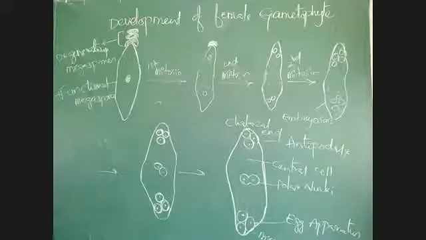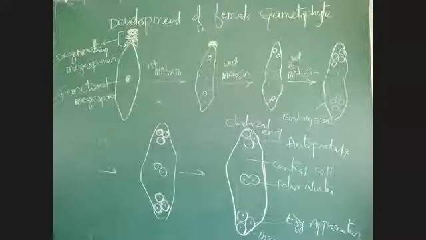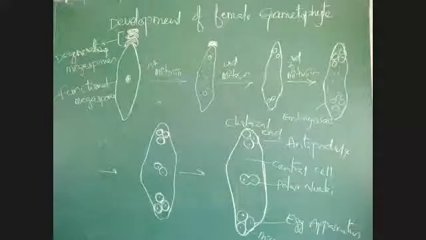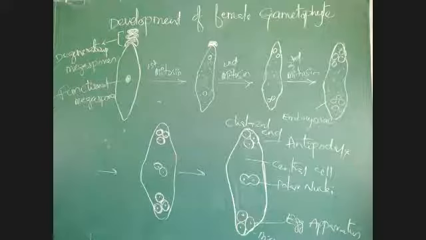Next point. The functional megaspore nucleus divides mitotically to form two nuclei which move to the opposite poles.